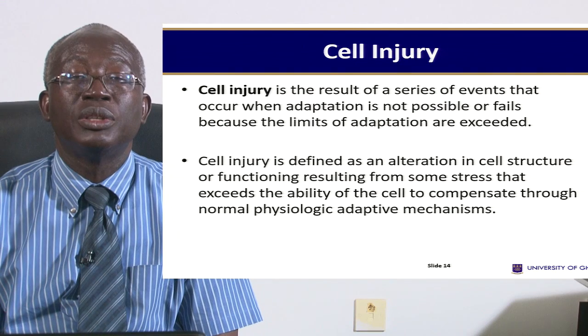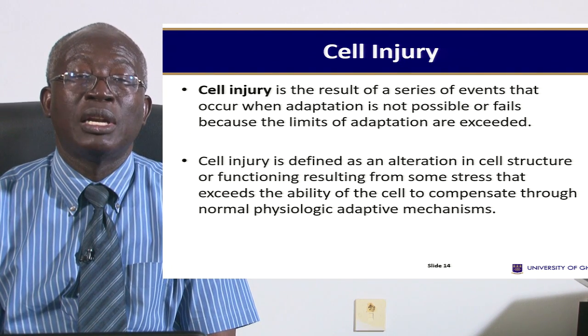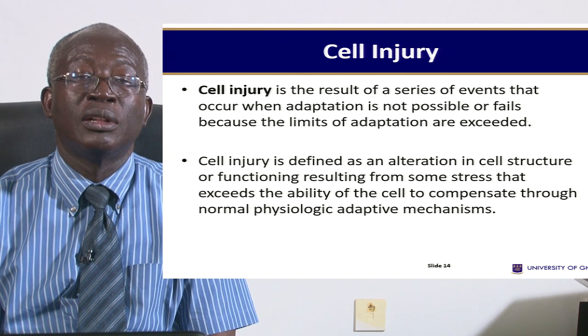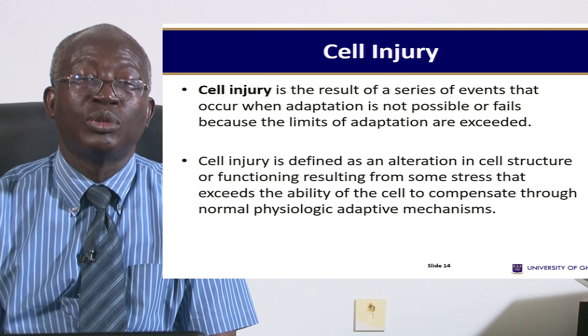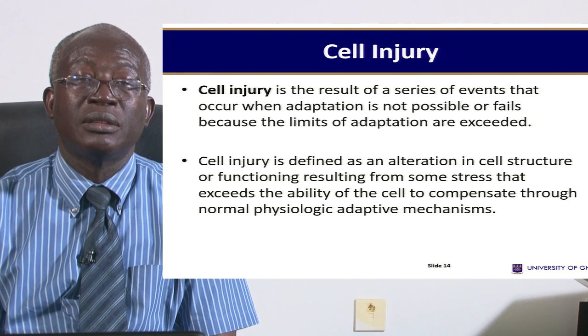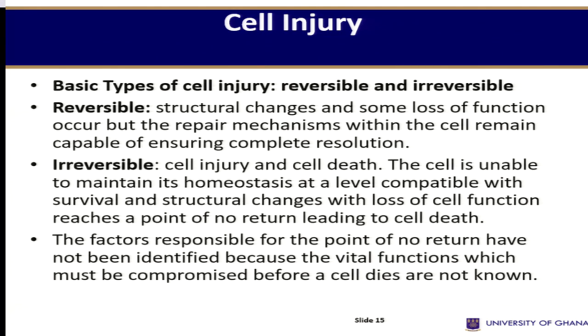So what is cell injury? This is the result of a series of events that occur when adaptation is not possible and the cell fails to adapt or the adaptation limits are exceeded. It will lead to alteration in the cell structure and function. The basic types of cell injury are reversible and irreversible.